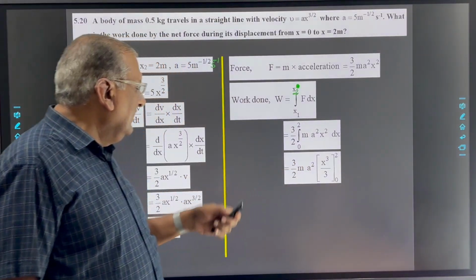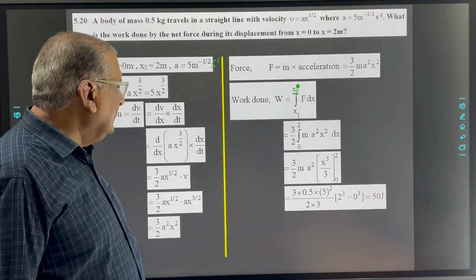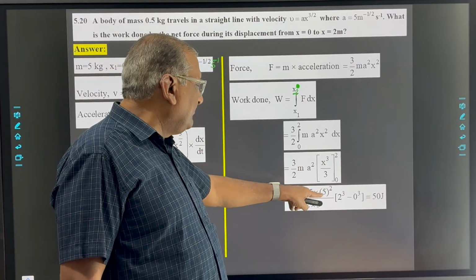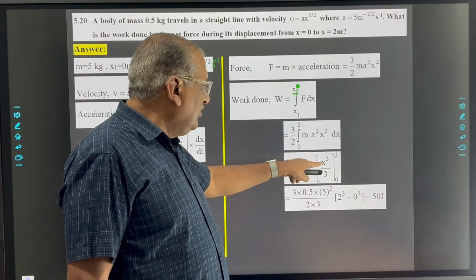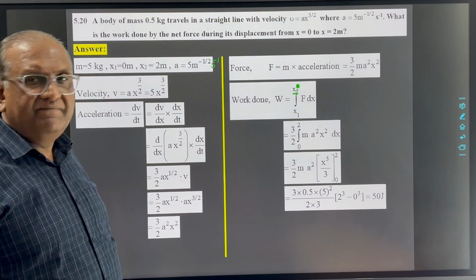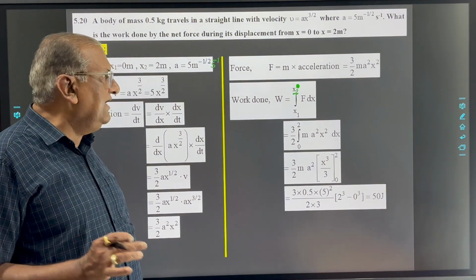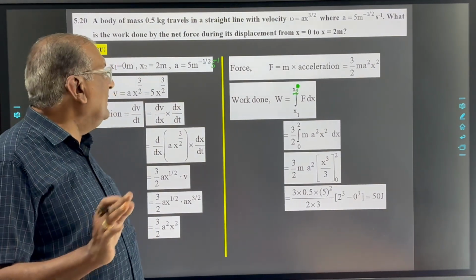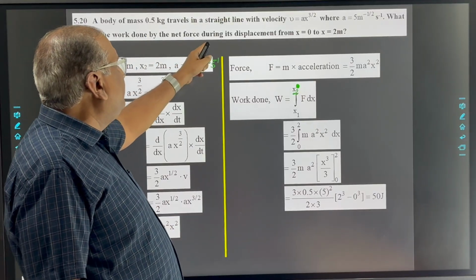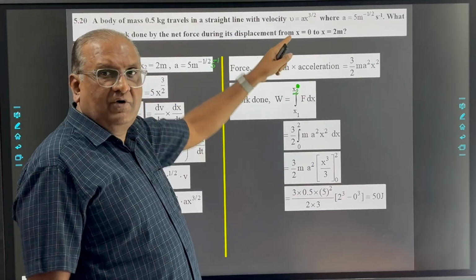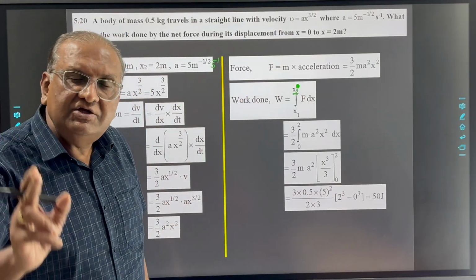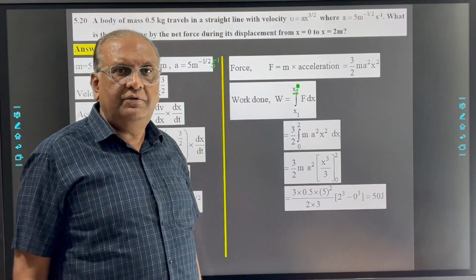This 3 will be cancelled. So here m, that is 0.5, a, that is 5, square of it, substitute upper limit, then minus lower limit. And if you solve this one, you will get the answer 50 joule. It implies that the work done by the net force during its displacement from 0 to 2 meter, that is 50 joule. Clear to all of you?